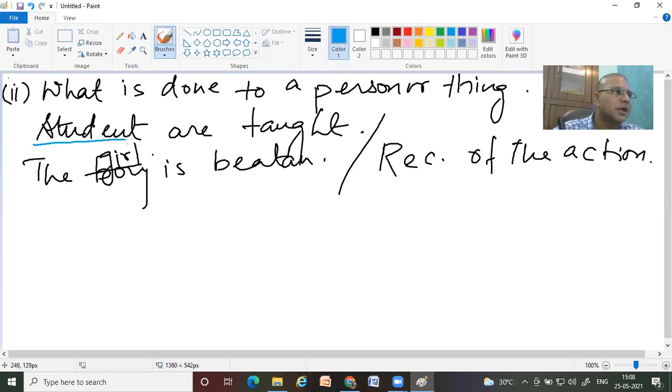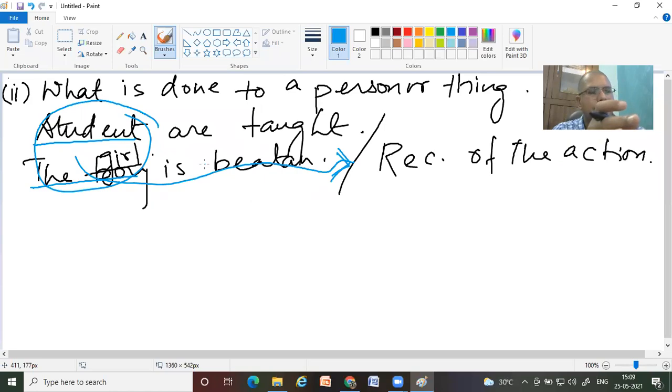The students are not doing anything. The boy and the girl are not doing anything. Rather, they are the receivers of the action. They aren't the doers of the action. But in the last one, Hari laughs, I teach, you read, the subject or the noun denoted by the subject was the doer of the action, right?